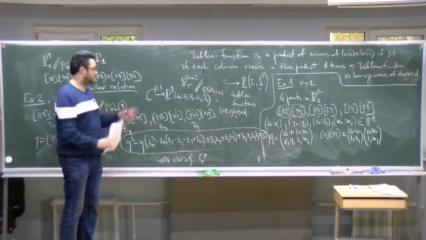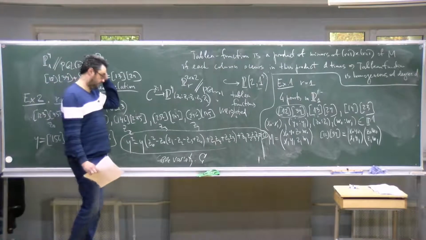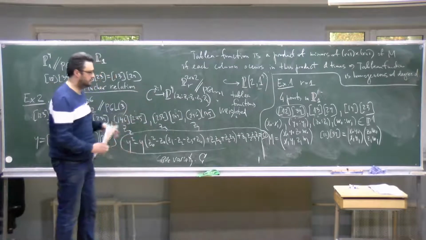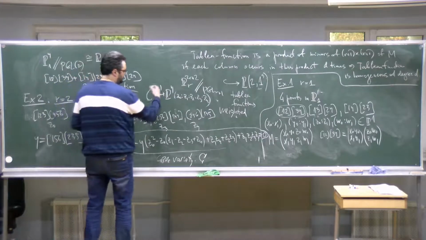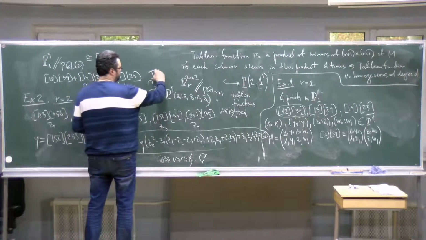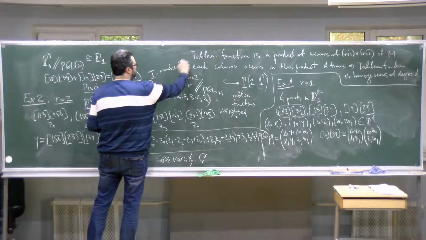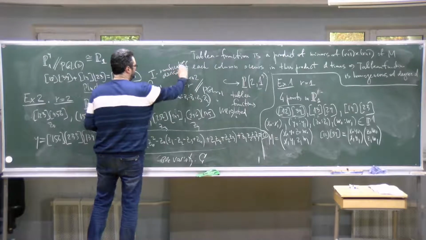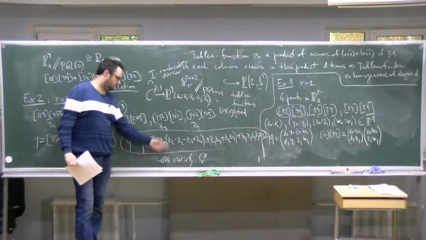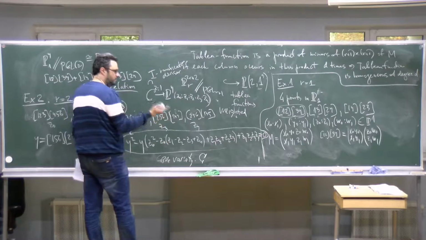This map has degree 2, and the ramification divisor of this map is a Igusa quartic. We have an involution acting on the Coble variety, and this involution is called the Gale involution, maybe Coble involution.